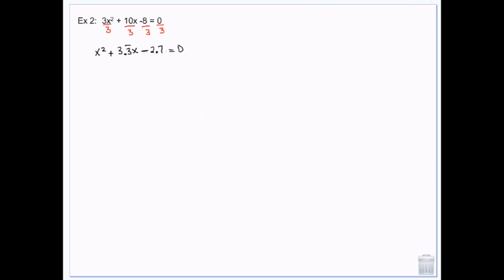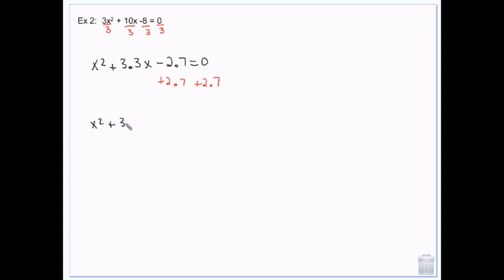Okay. I'm going to add that 2.7 to both sides. Actually, I can write a little bigger than that. So I'm going to add that 2.7 to both sides.